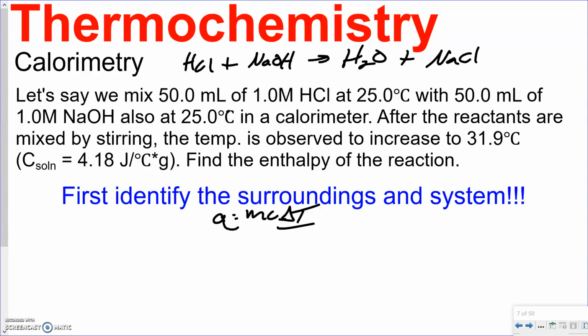But because water is part of the reaction here, and not just because it's a product, but because of intermolecular forces, we have to include it in both circumstances, recognizing that if the water's temperature increased, that means the reaction is exothermic, and therefore it is losing energy. Or if the water's temperature decreased, which actually is increasing here because we're going from 25 to 31.9, but regardless, let's say the temperature is decreasing. Why is it decreasing?